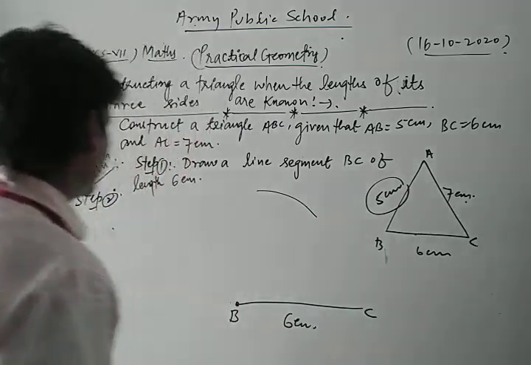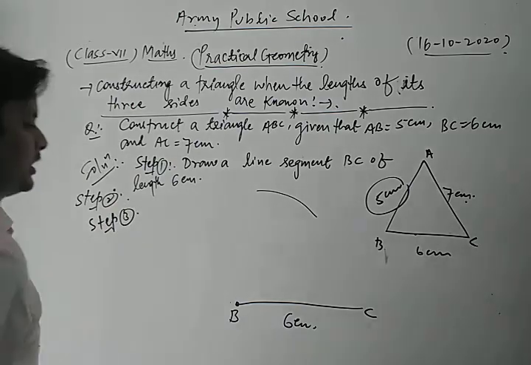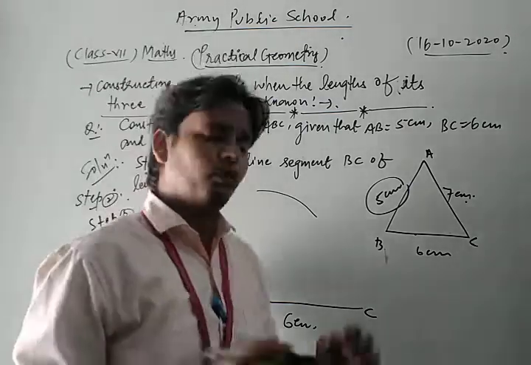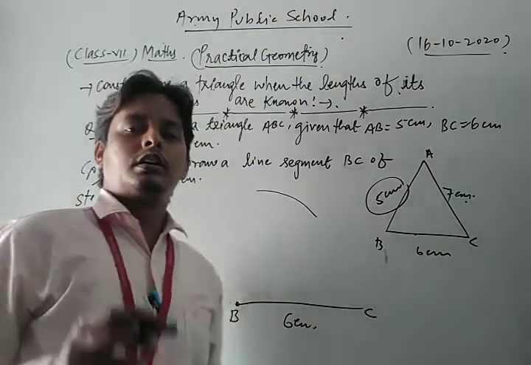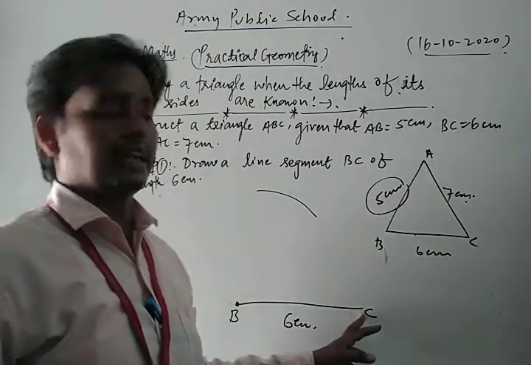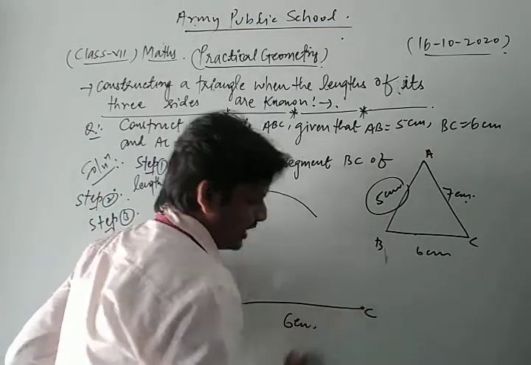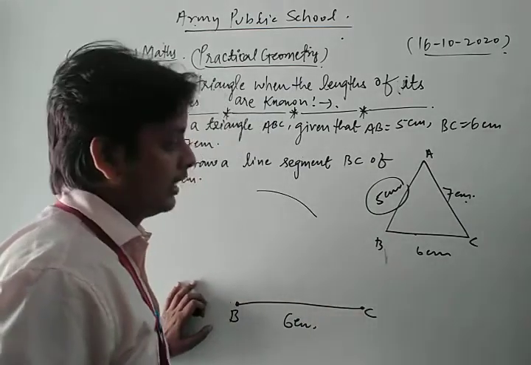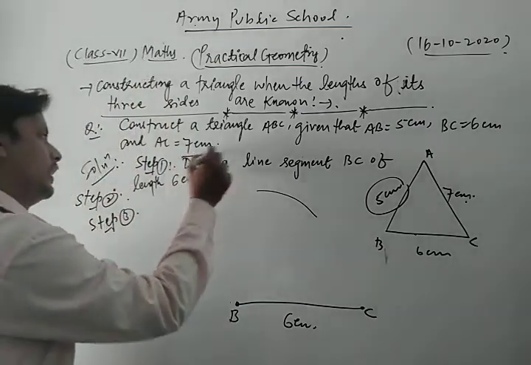Now, in the third step, we put the tip of the compass at point C and take the distance equal to 7 centimeter.